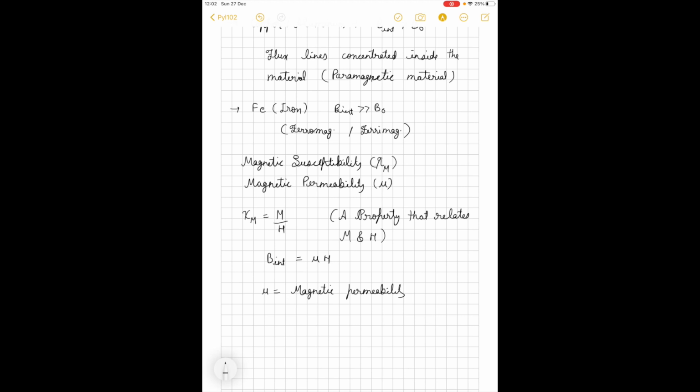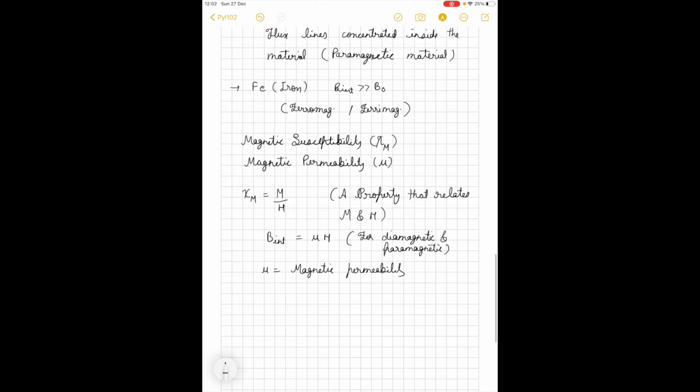See, only for diamagnetic and paramagnetic, the B int is linearly proportional. Okay, for others, depending upon the system, it can be different also. So the quantity which relates B int and H is the magnetic permeability, but we also know that B int is equal to B naught plus mu naught M, right?